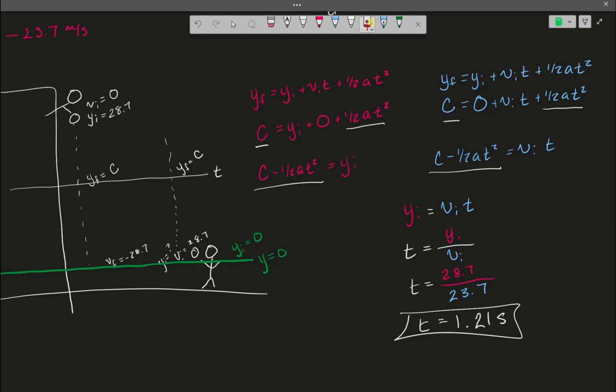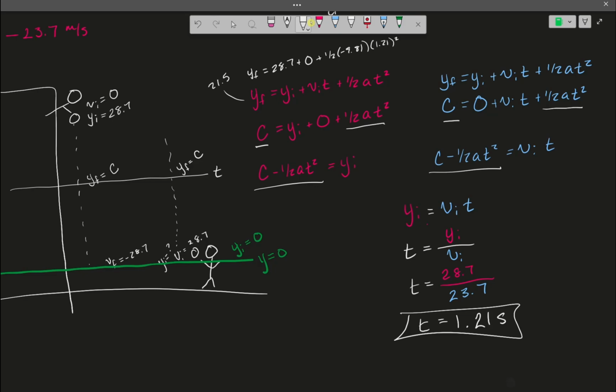So if I plug it into equation A, I will get that y final is equal to the initial was 28.7 plus initial velocity of 0 plus 1/2 negative 9.81 times 1.21 squared. And I get that the final position is 21.5.